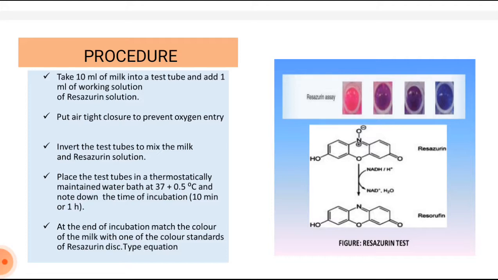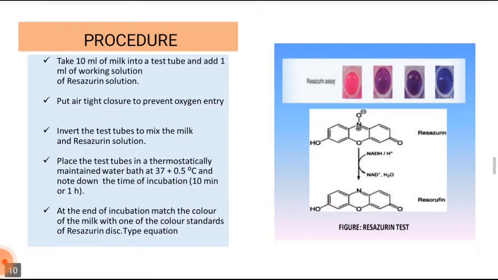Then place the test tube in a thermostatically maintained water bath at 37 plus or minus 0.5 degrees Celsius, and note down the time of incubation, that is 10 minutes or 1 hour. At the end of the incubation, match the color of the milk with one of the color standards of the resazurin disc.